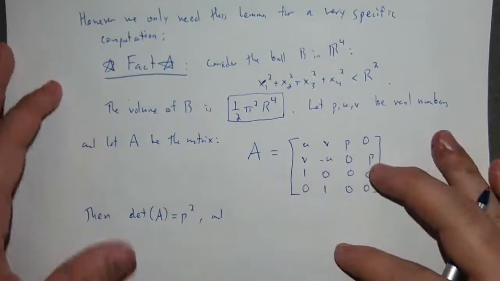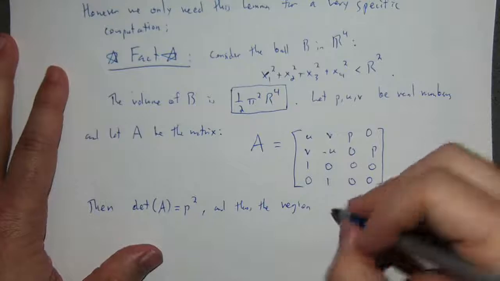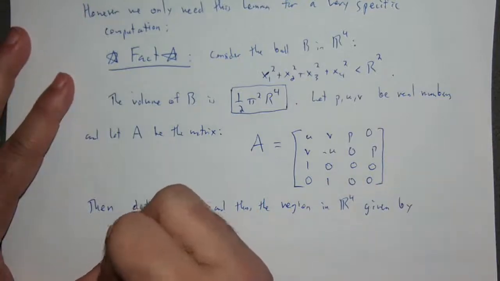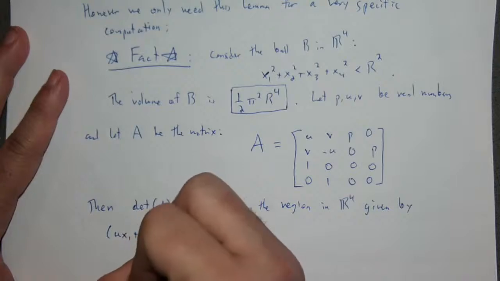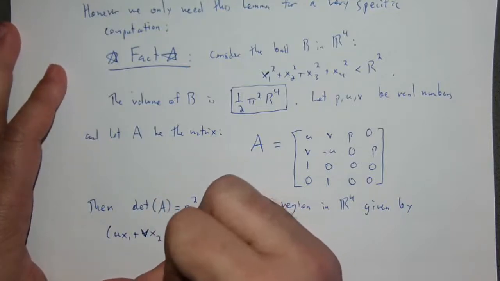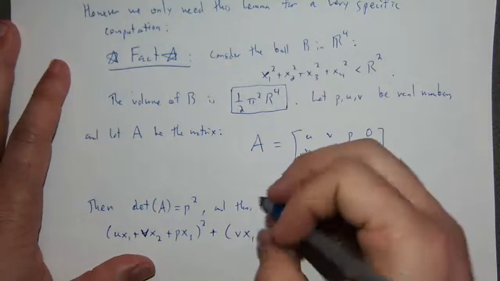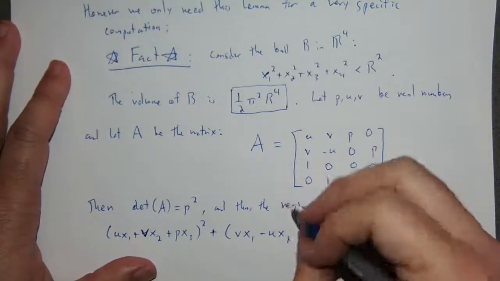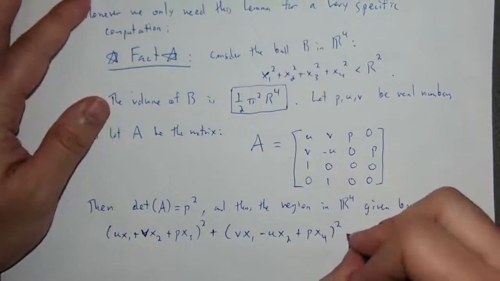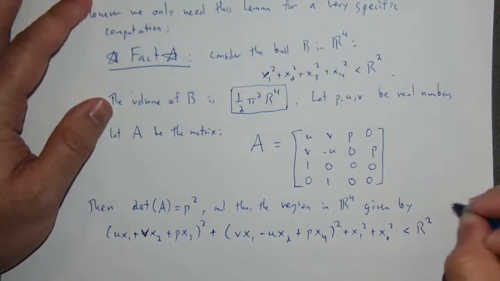And thus the region in R4 given by U x1 plus V x2 plus P x3, squared, plus V x1 minus U x2 plus P x4, squared, plus x1 squared plus x2 squared less than big R squared has volume.